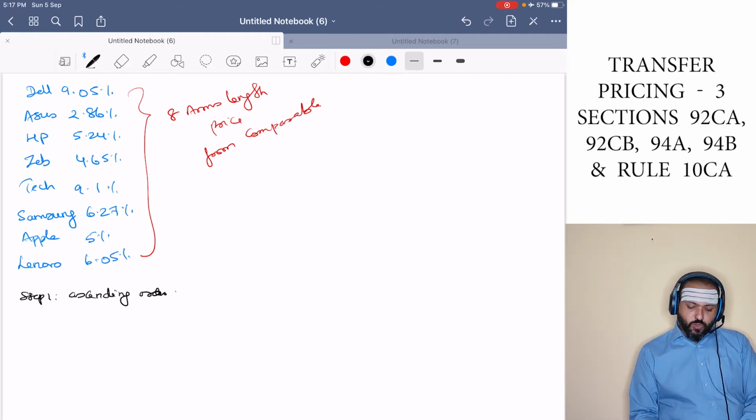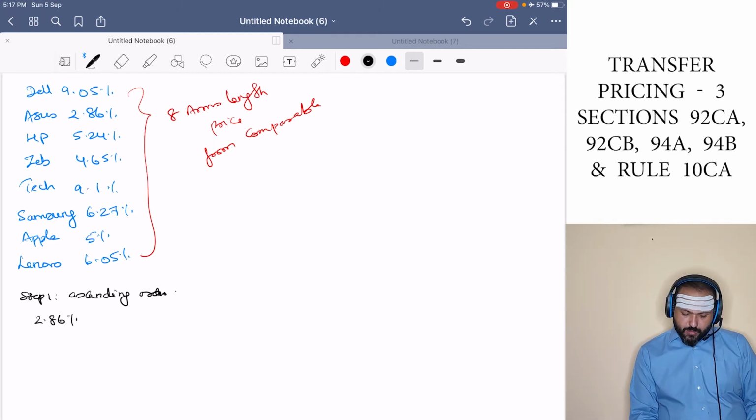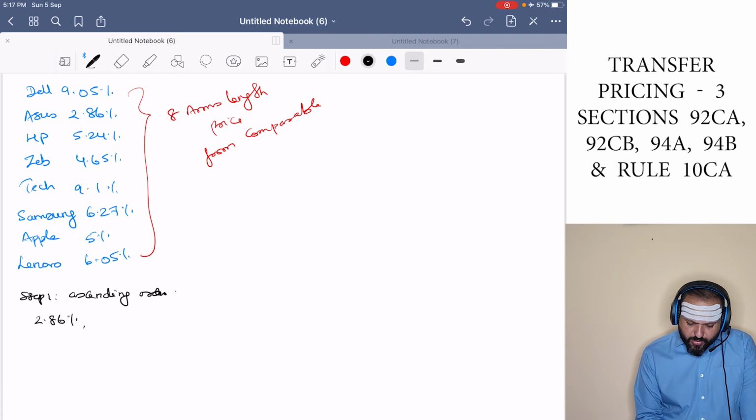So in this range it is 2.86%, the next biggest one is 4.65%.